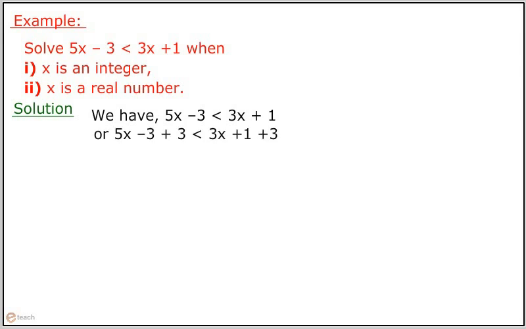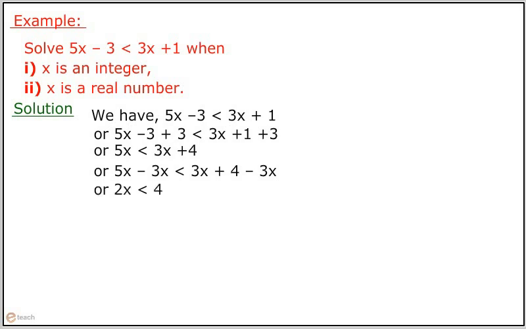So we get 5x minus 3 plus 3 less than 3x plus 1 plus 3, or 5x is less than 3x plus 4. Now we subtract 3x from both the sides. So we get 5x minus 3x less than 3x plus 4 minus 3x, or 2x less than 4, or x less than 2.